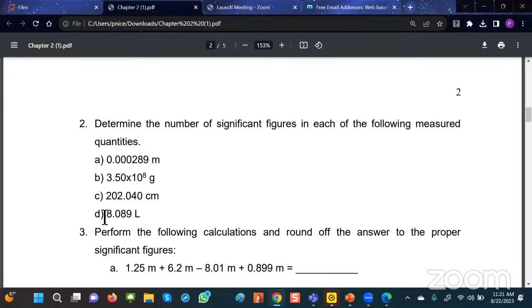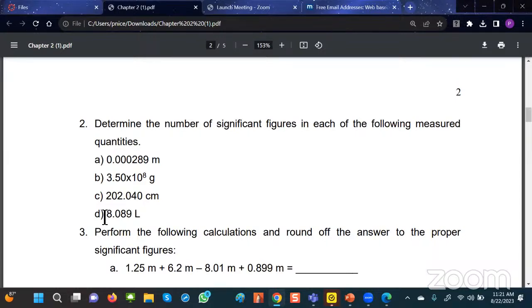And exact numbers fall into two categories. You have those numbers which are exact, obtained by definition, such as 12 inches is equal to 1 foot, 3 feet is equal to 1 yard. All those numbers are exact because they are a result of defined relationships. Then you have some other numbers which are exact because they are simply counting numbers. You're basically counting the number of items.